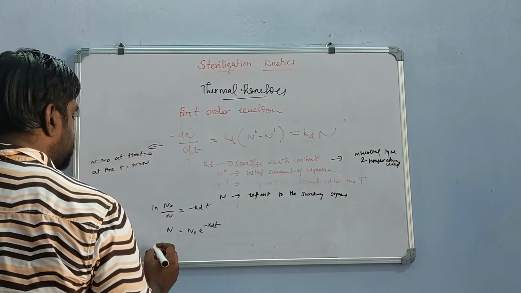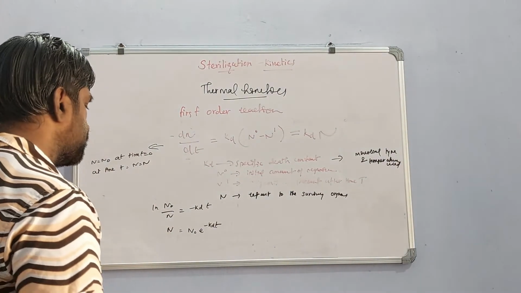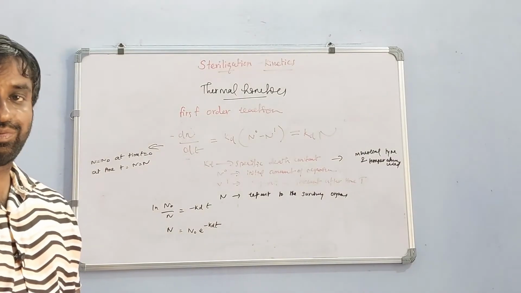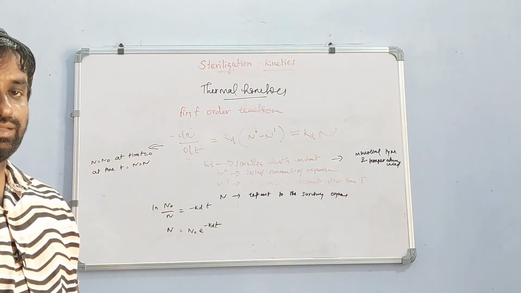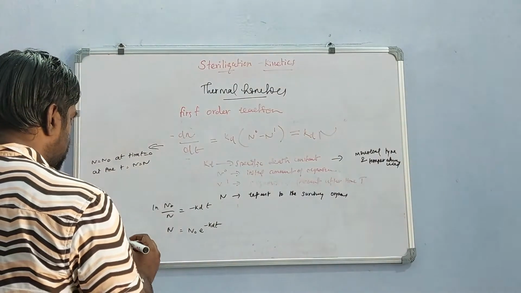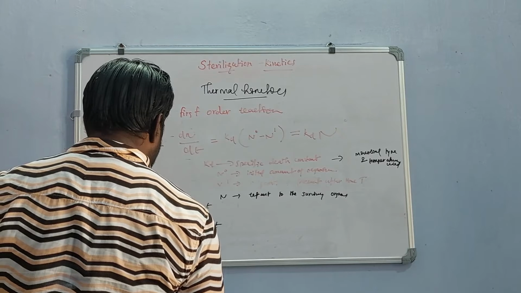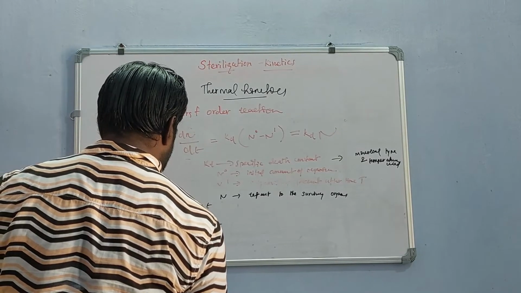And this particular Kd is a function of temperature. So as the temperature increases, it increases drastically. It can be related with the help of the Arrhenius equation.